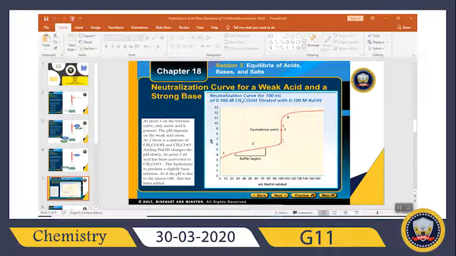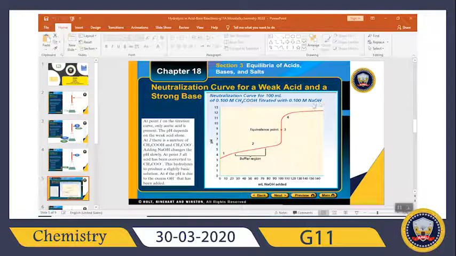So the pH will be around 7. Okay? So after that, if you increase the amount of NaOH, the concentration of NaOH will increase.